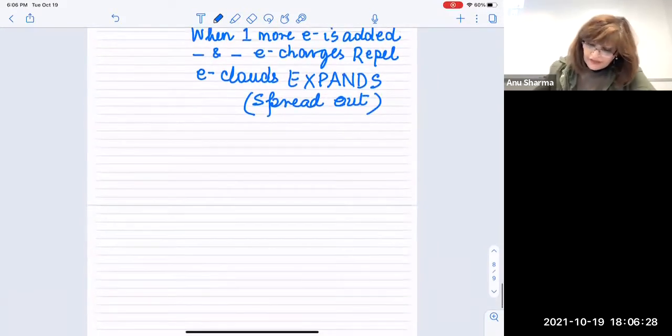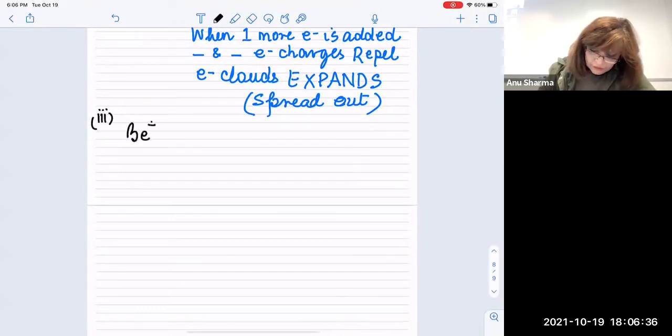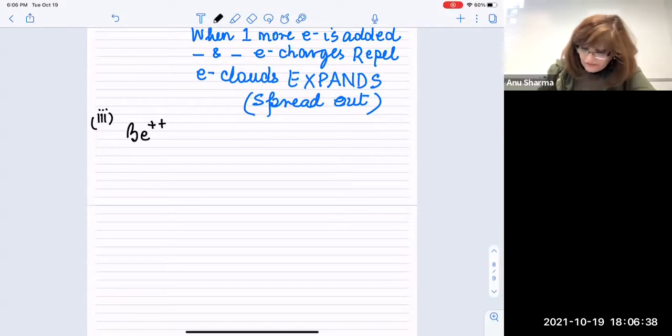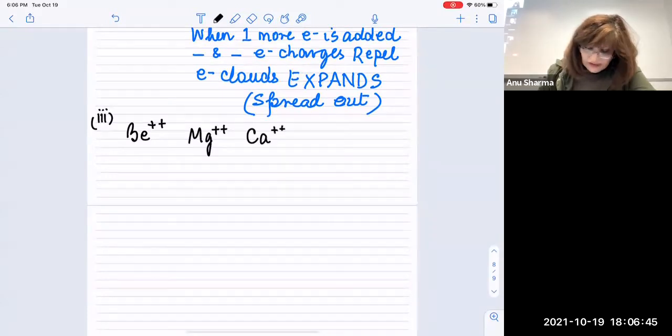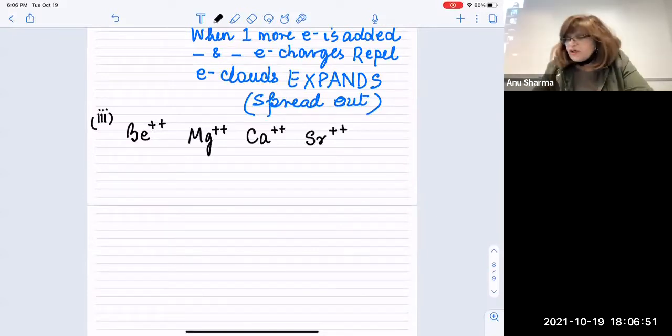If you are given another example: 1, 2, 3, and here you are given beryllium with plus 2 charge, then magnesium with plus 2 charge, then calcium with plus 2 charge, and strontium with plus 2 charge. Now tell me, all of them have lost electrons.